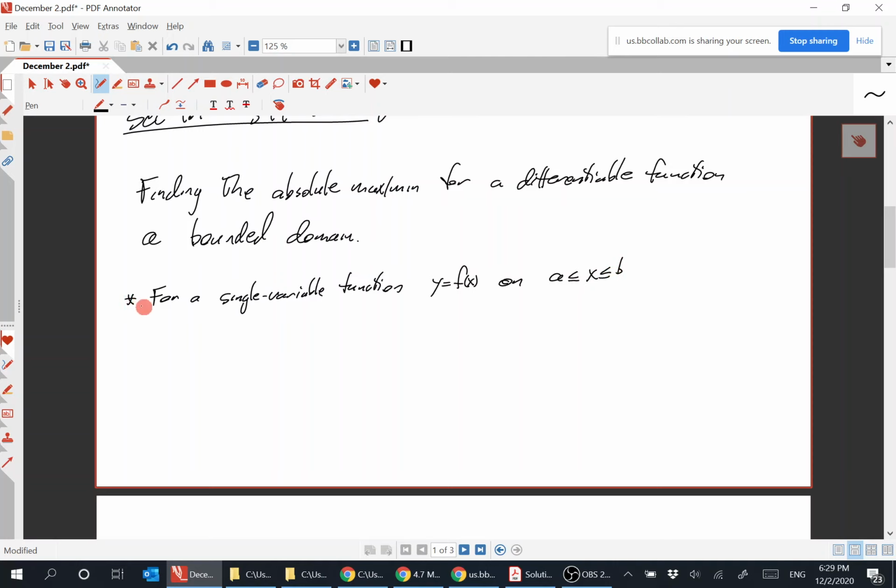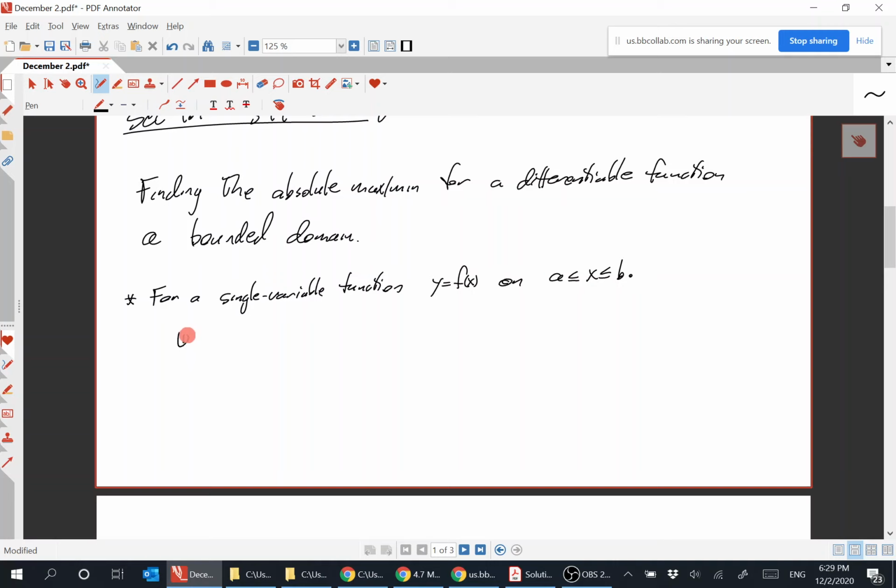How is this done? How do you find the absolute max and min? So this is from Calc 1. You have to take the derivative, set that equal to 0, and then plug in that x point and then the endpoints.